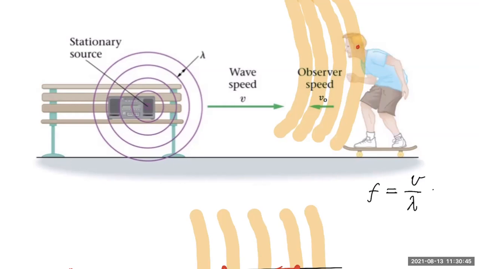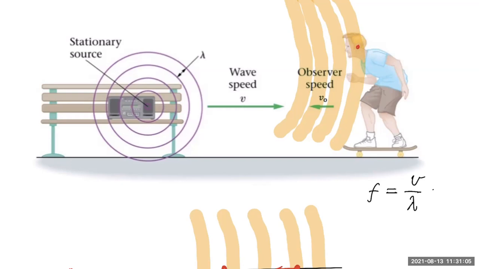So what happens when he moves towards the source? Well, frequency is the number of wavelengths that you hear per second by definition, right? So the number of wavelengths that passes by his ear is V over lambda if he simply stands there without any motion.